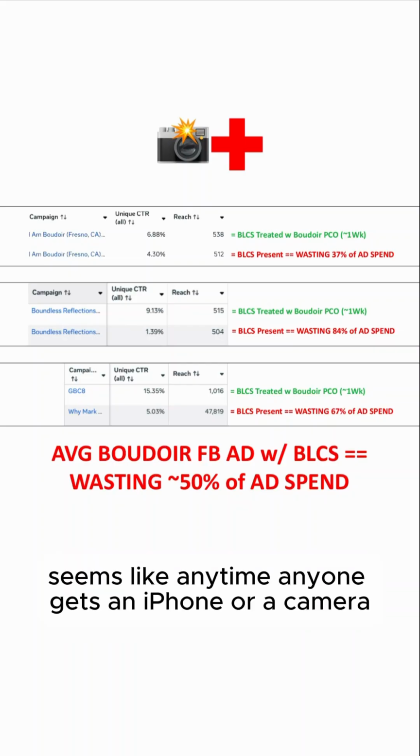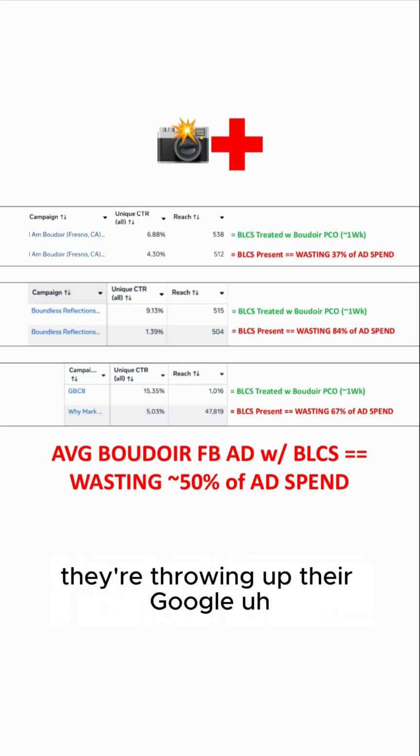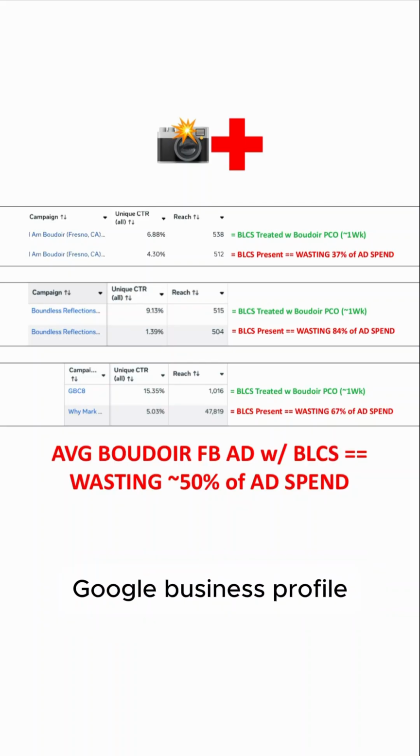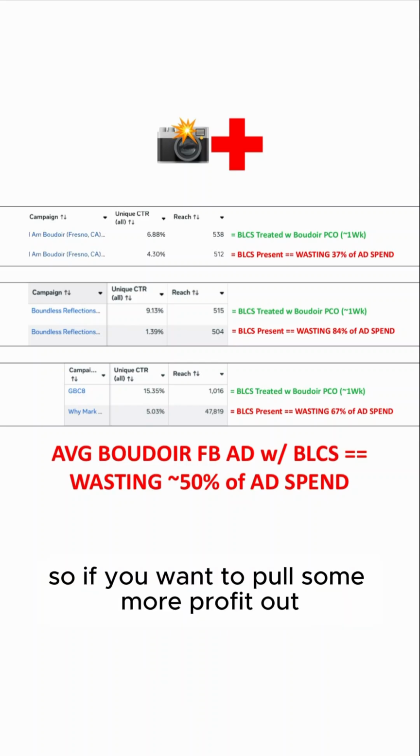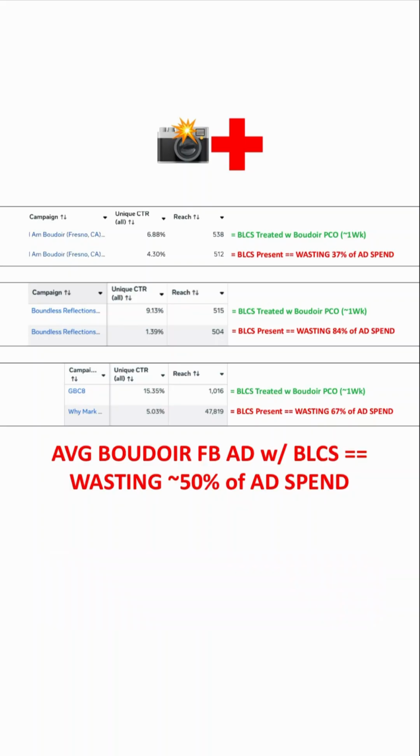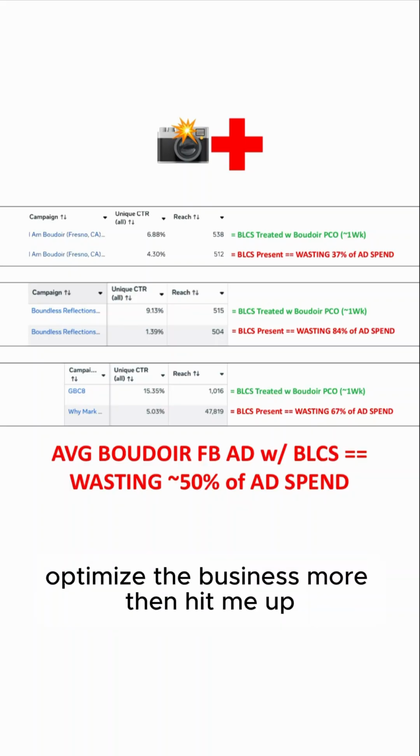Seems like anytime anyone gets an iPhone or a camera, they're throwing up their Google business profile to offer boudoir, driving down prices and margins for everyone, and we got inflation hitting. So you want to pull some more profit out, optimize the business more, then hit me up.